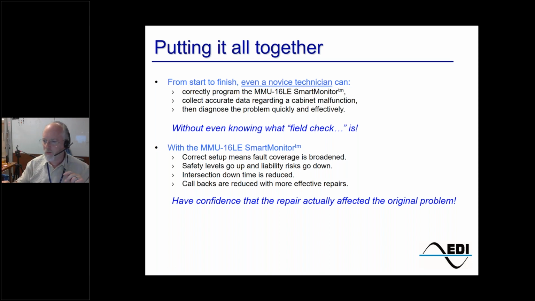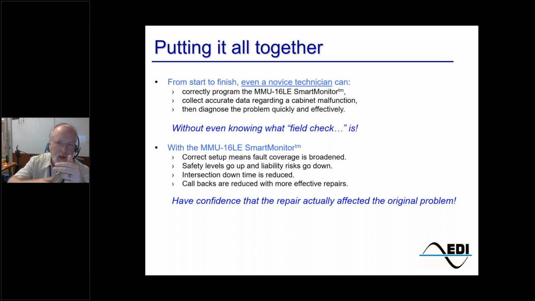So if the monitor and the controller are on the same page, and let's say the controller sends a command to the intersection and the monitor goes, oh, wait, that's not right, that's unsafe, I'm putting in the flash. When you go through the help command, it'll say the problem was the controller. It's always going to say controller first if it's a controller issue, and then it'll give you selections like load switch flash.